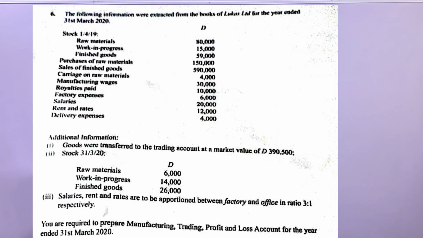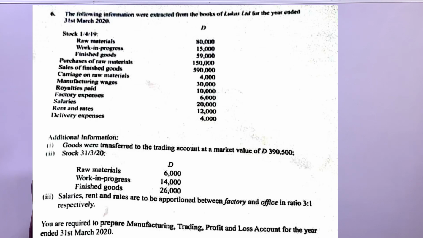Then 3: salaries, rent and rates are to be apportioned between factory and office in the ratio 3 to 1 respectively. You are required to prepare manufacturing, trading, profit and loss accounts for the year ended 31st March 2020.